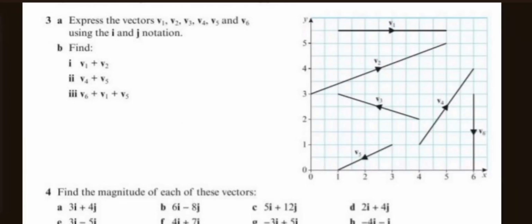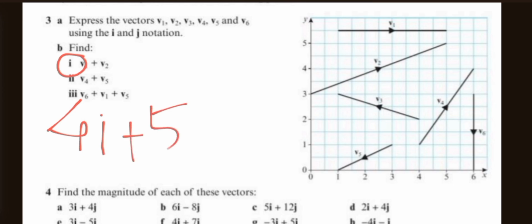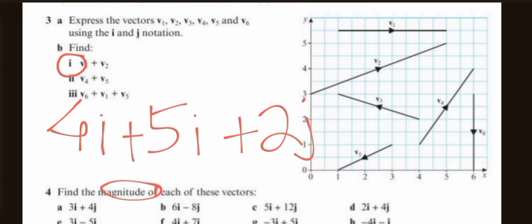Now we're going to do 3b. When v1 plus v2, earlier we found out that 4i plus 5i plus 2j, that's 9i plus 2j.